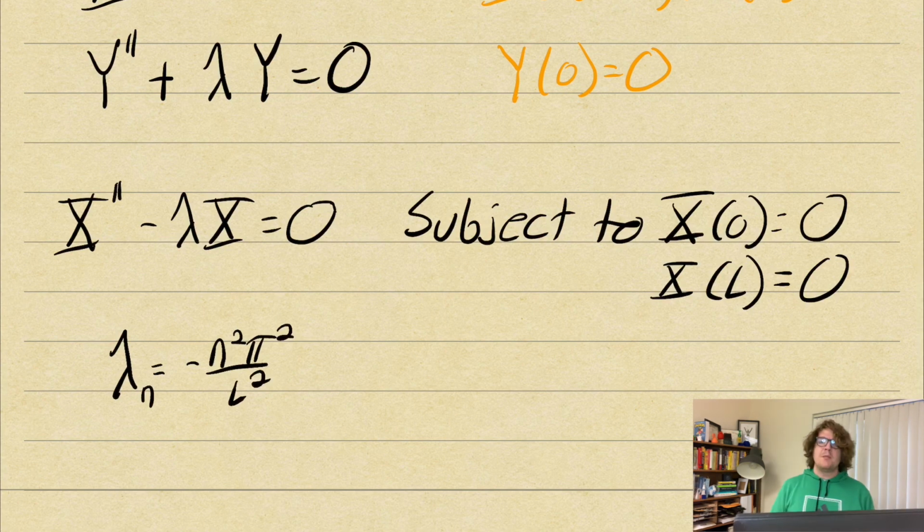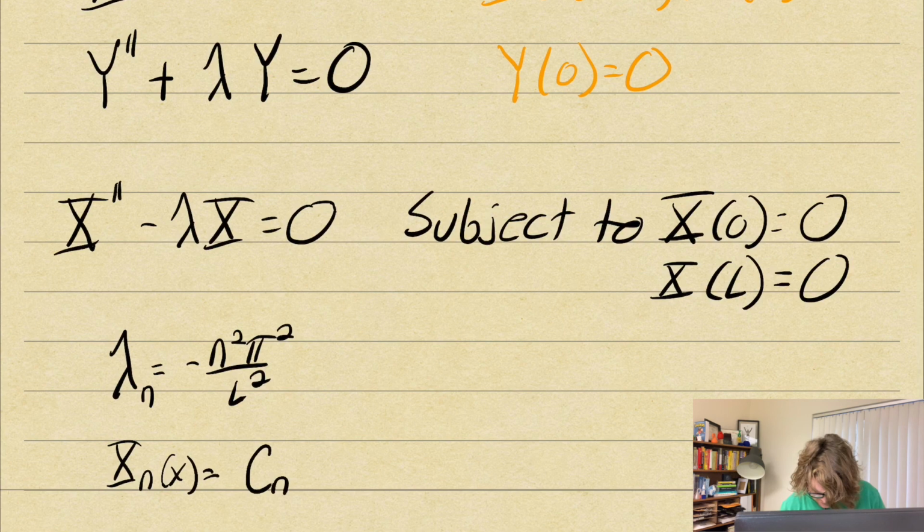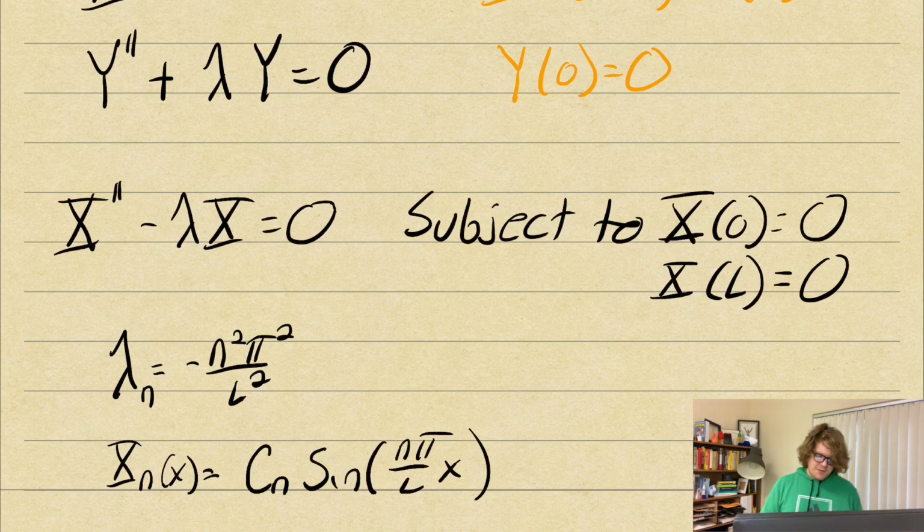We'll call those lambda sub n, and our eigenfunctions in x will be X sub n equals some c sub n times sine of n pi over L times x. So we've got our eigenvalues and our eigenfunctions in x, which takes care of the x differential equation with the x boundary conditions.